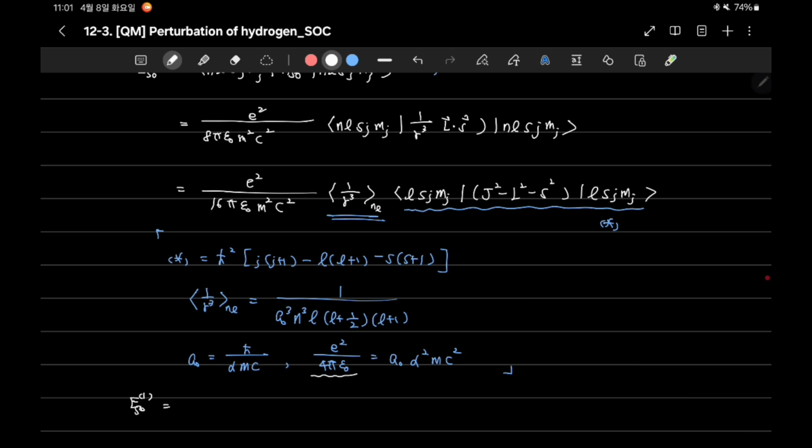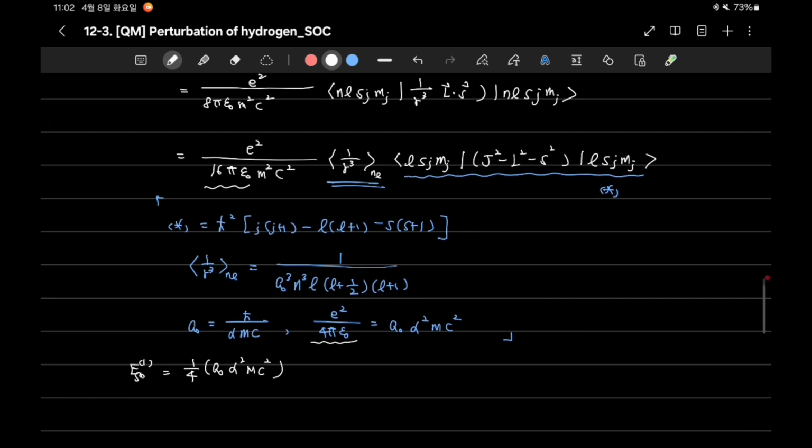Here 4 pi epsilon 0, E square over 4 pi epsilon 0, so this term makes that 1/4 a0 alpha square mc square, and it makes that E square over 4 pi epsilon 0, and it is m square c square, and also it makes that a0 cube.